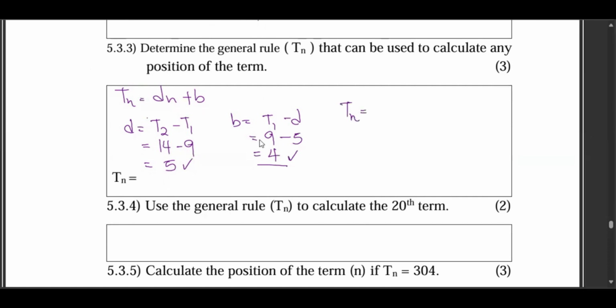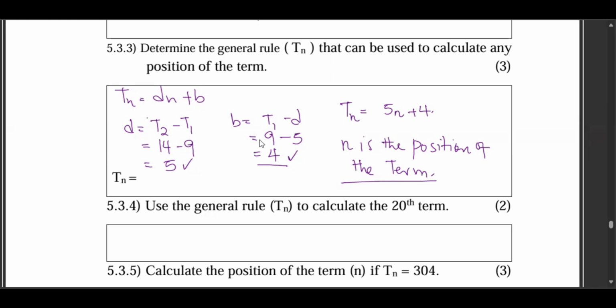We shall say our d, we got it as 5, n, then plus 4, where n is the position of the term.